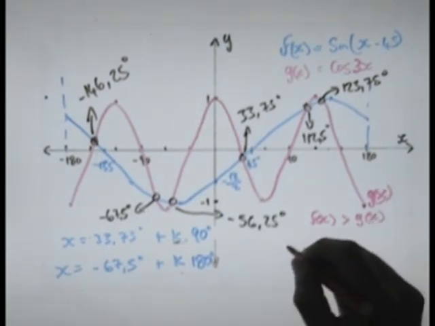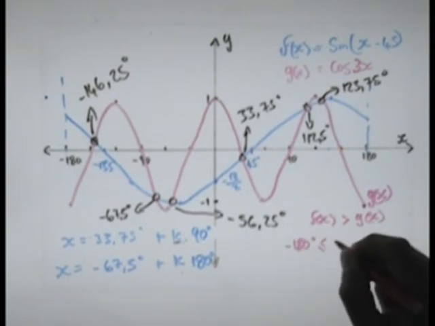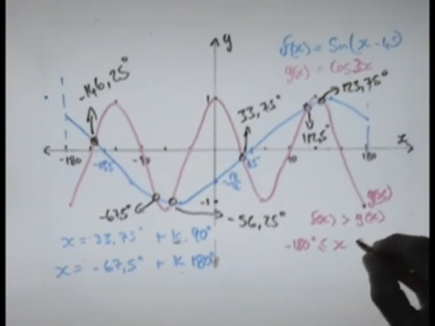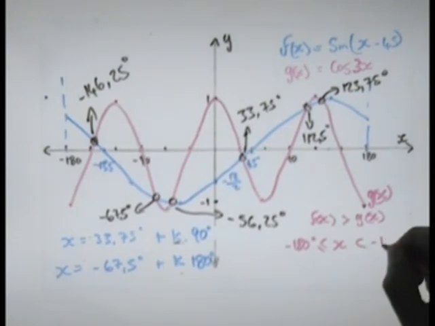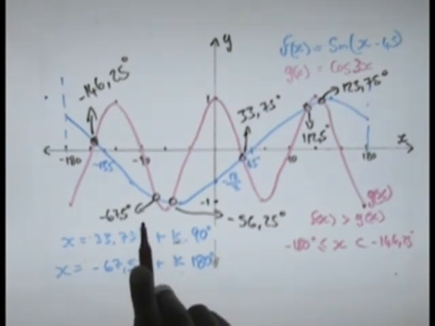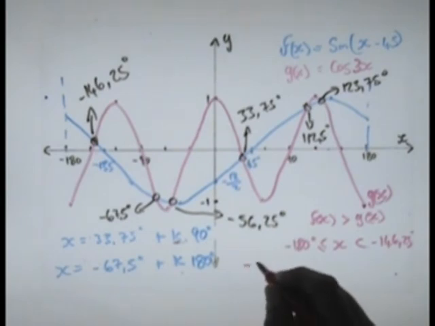That means that it's from negative 180 degrees. X is greater than or equal to negative 180 degrees, but less than negative 146.25 degrees, or from negative 67.5 degrees.